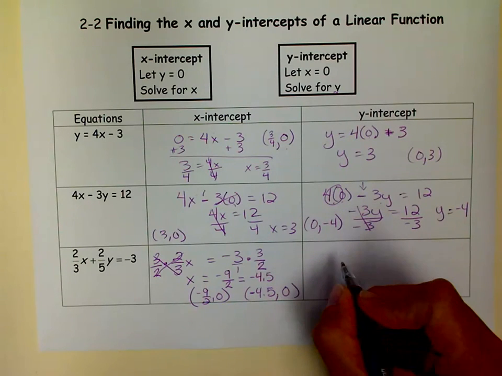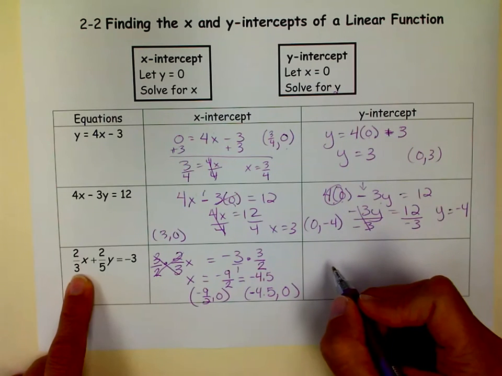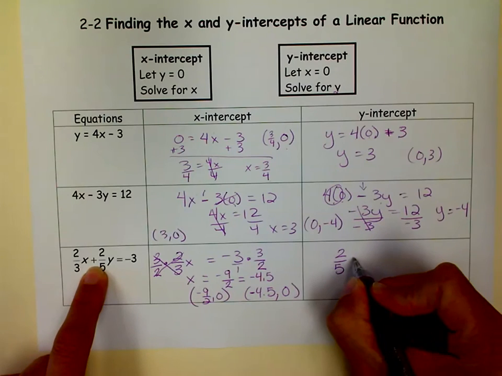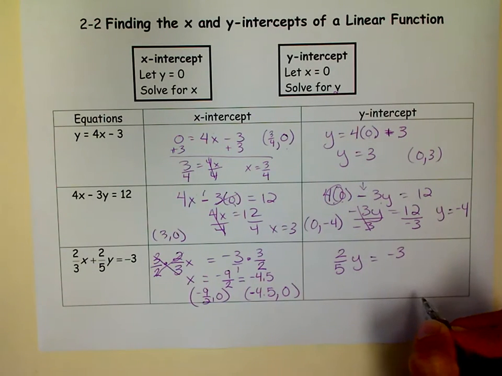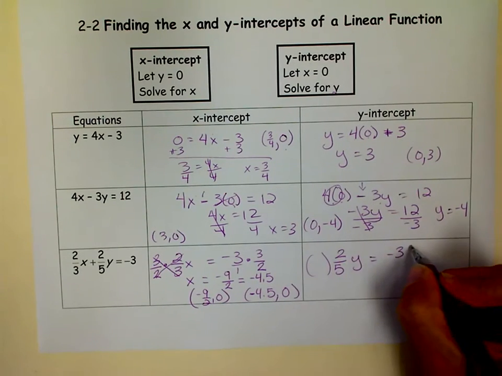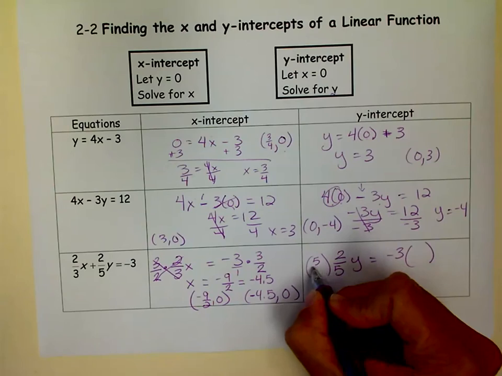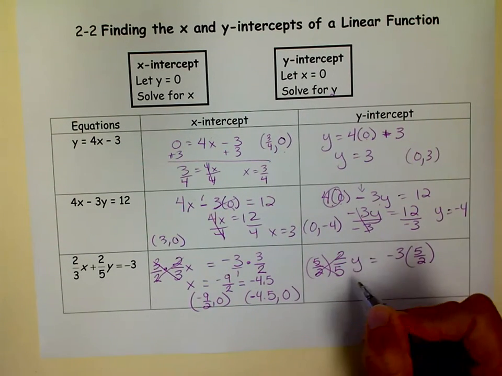So when we find our y-intercept, we let x equal 0, so that 2/3 x is going to be gone, and the sign in front of 2/5 is positive, so we don't have to worry about a negative there. So this is what we have, and if we want to do the shortcut like we talked about over there, we're going to multiply by the reciprocal of 2/5, 5/2. So we reduce there.